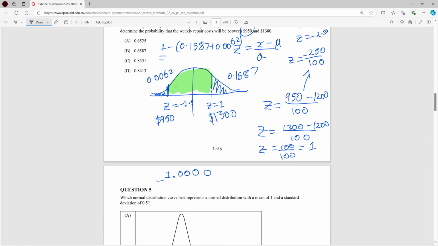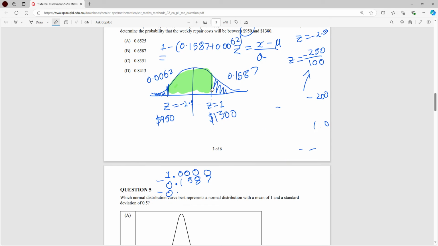And we'll go minus 0.1587. And then minus 0. Actually, I would add these two together. I'm going to rub out some things because it's getting in the way. Let's go here. So 0.1587 plus 0.0062.